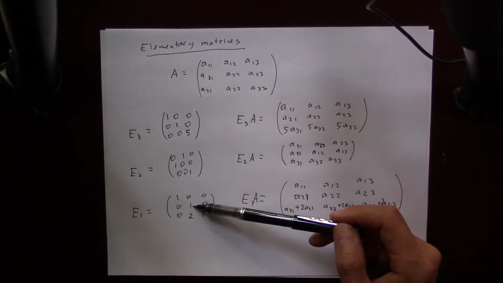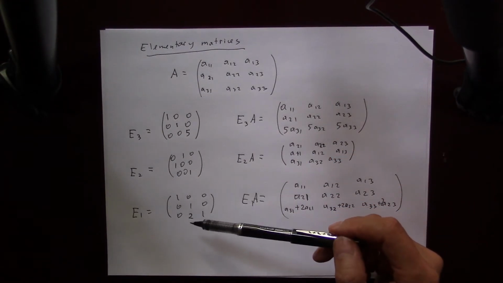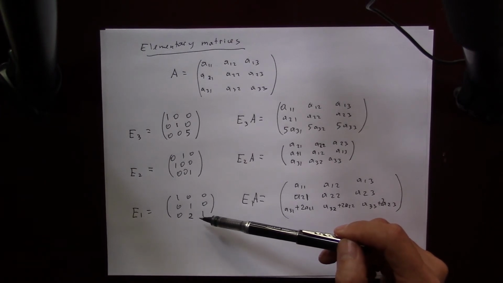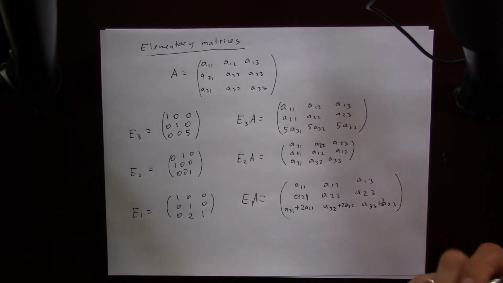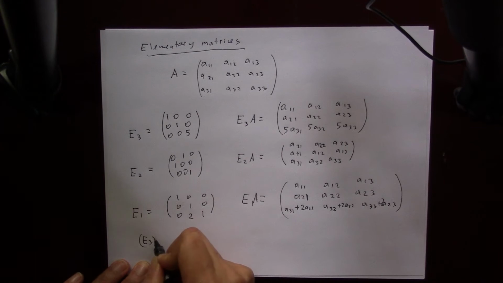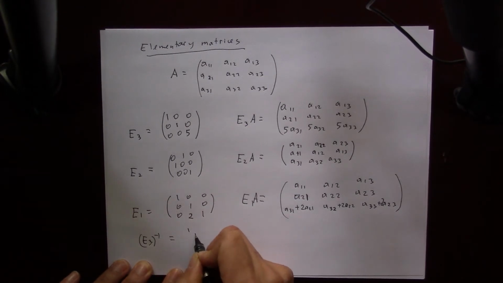To undo E1, you subtract row 2 from row 3. So E3 inverse is going to be 1, 1, and 1/5 here. The rest are zeros.